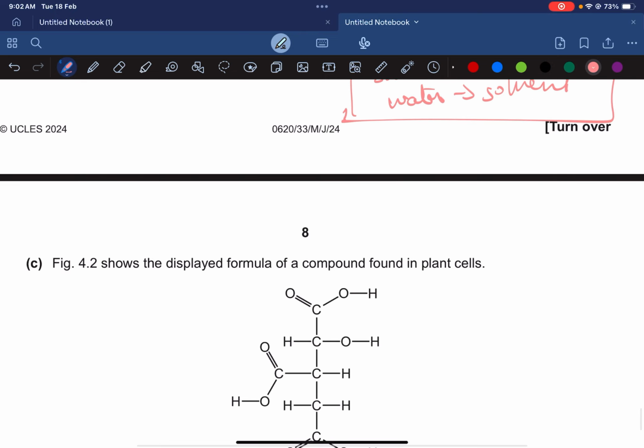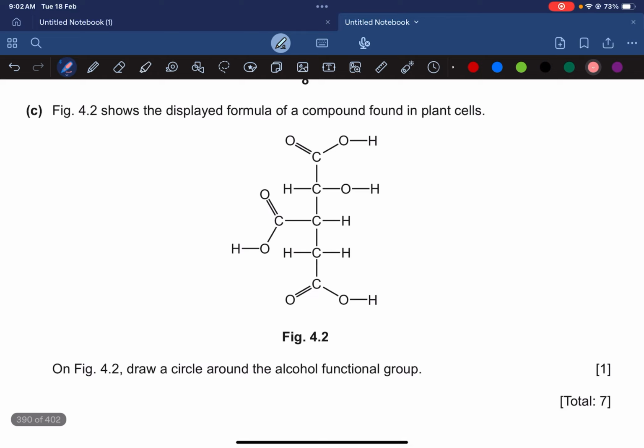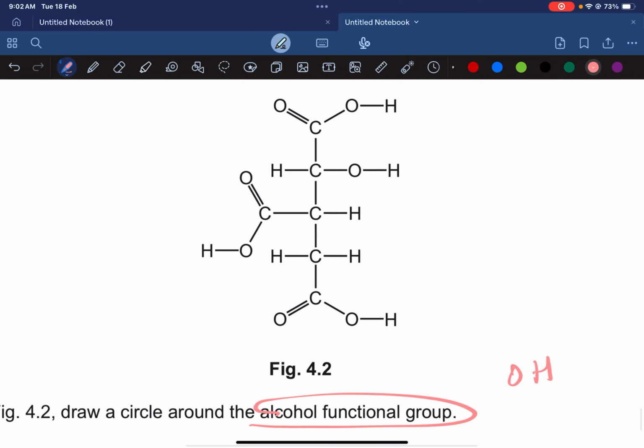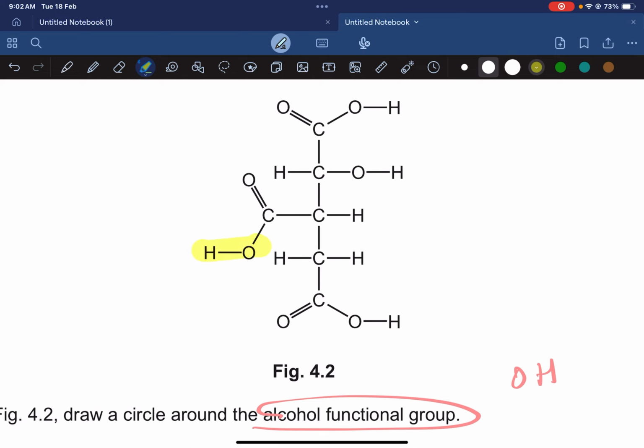Figure 4.2 shows the displayed formula of a compound found in plant cells. Draw a circle around the alcohol functional group. Alcohol functional group is OH. Some of you might think that this one is an alcohol functional group, or draw it here or here. All of these are incorrect, because if you look at them carefully, they are carboxylic functional groups with OH.